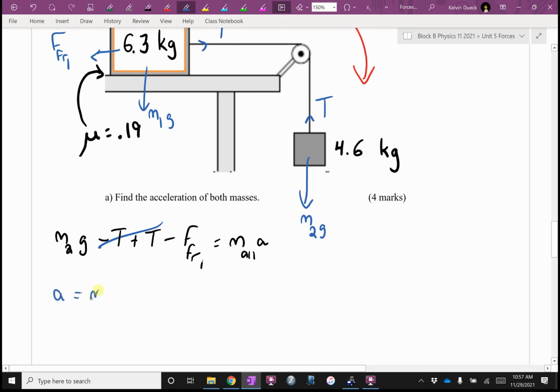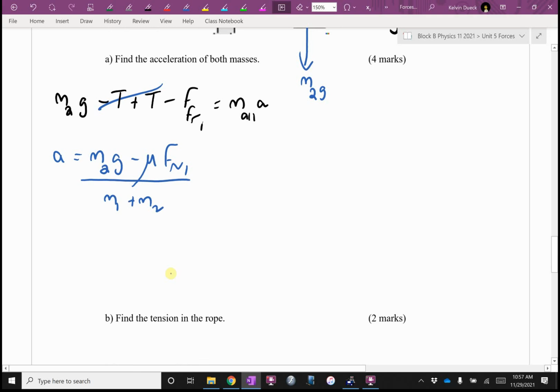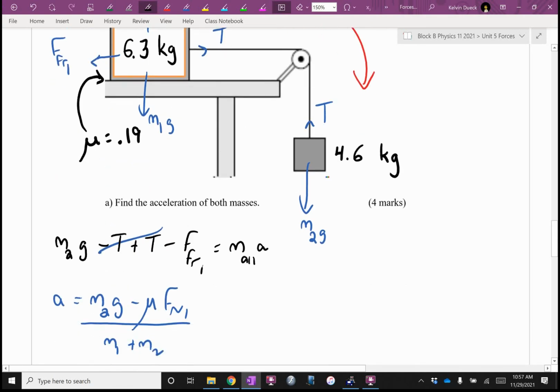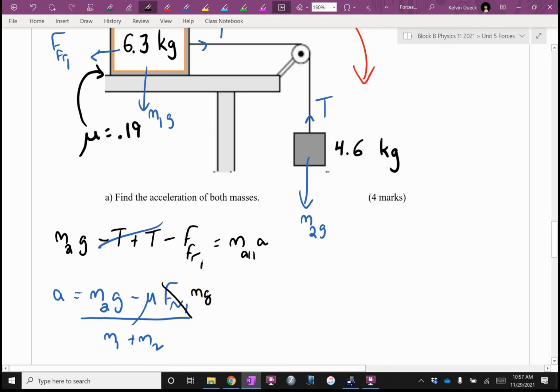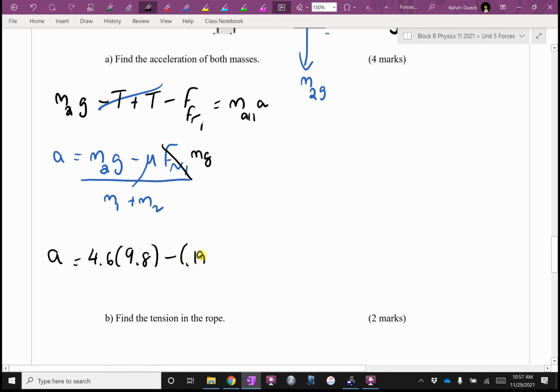A is going to be M2G minus mu times normal force number 1, all over M1 plus M2. A is going to be 4.6 times 9.8, minus mu, I don't know the normal force, but I'm pretty sure it's mg, so minus 0.19 times 6.3 times 9.8, all over 6.3 plus 4.6.